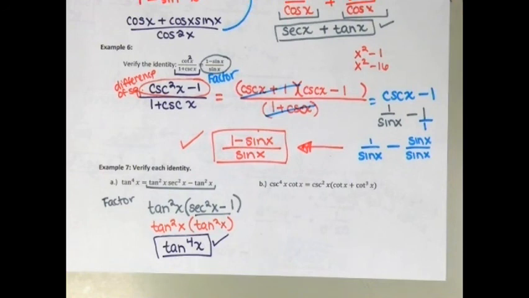And then the last one, cosecant to the 4th x cotangent x equals cosecant squared x times the quantity of cotangent x plus cotangent cubed x. Phew. Which one's more complicated? I'm going to say the right side again, right?